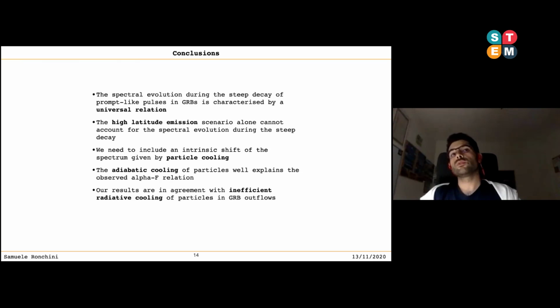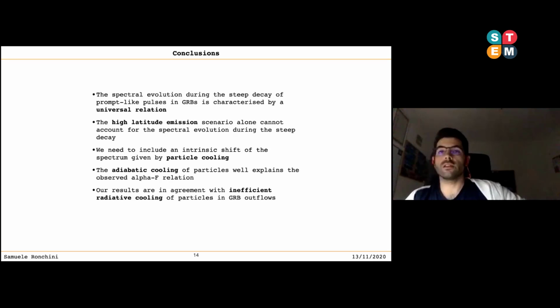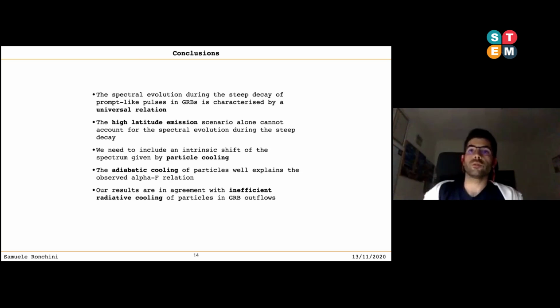And adiabatic cooling is enough to explain this spectral evolution relation. Moreover, our results are in agreement with the previous results about spectral fits of prompt emission pulses, which say that the radiative cooling in gamma ray bursts is inefficient. So with this, I conclude, and I thank you very much for the attention.